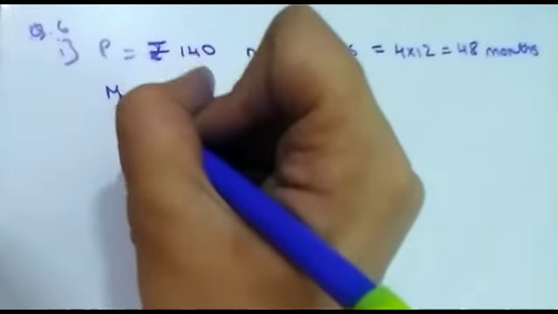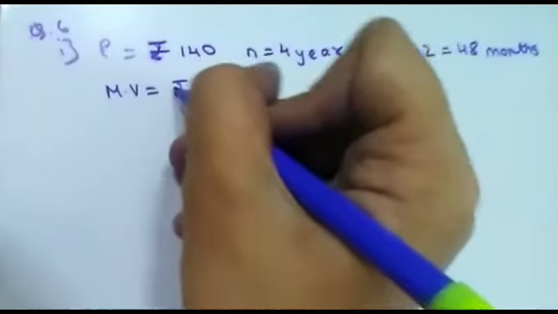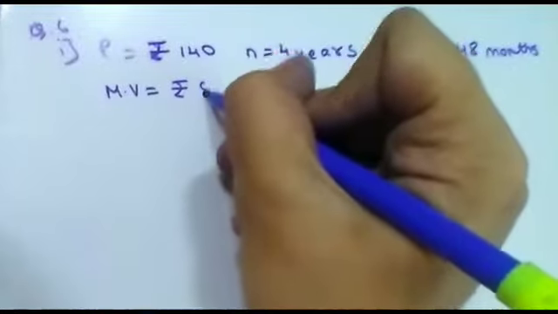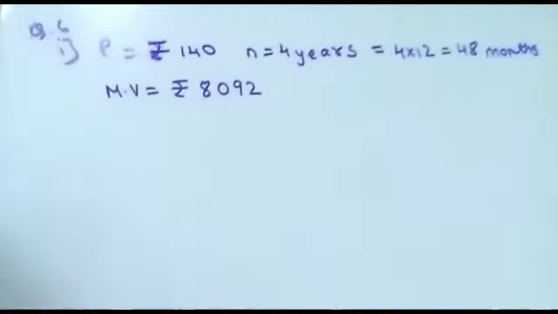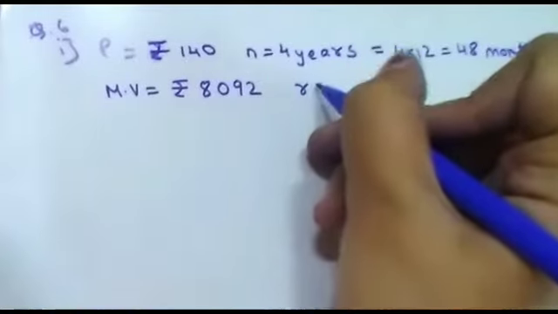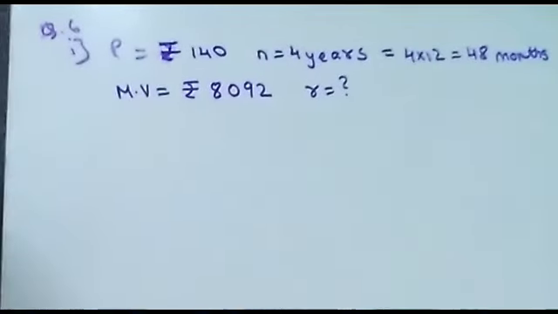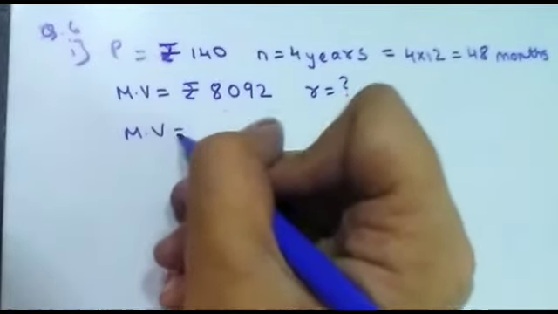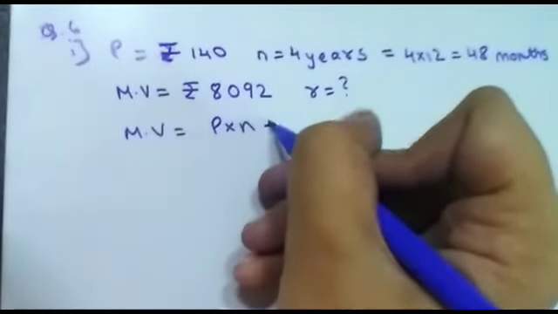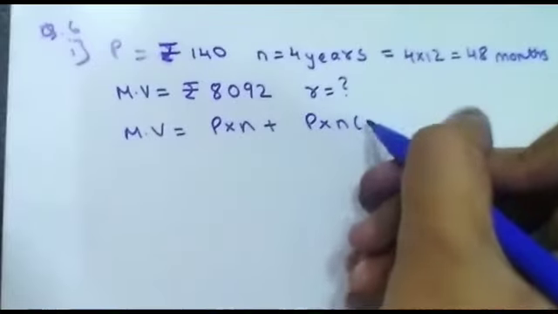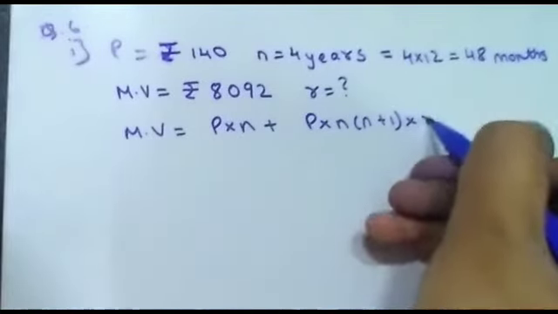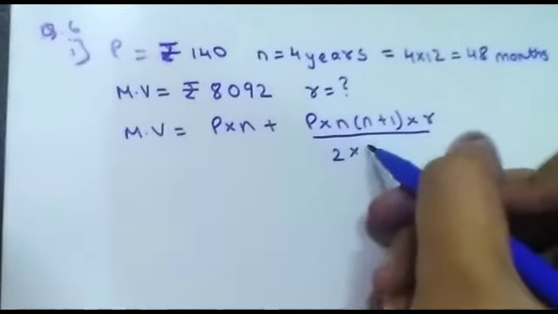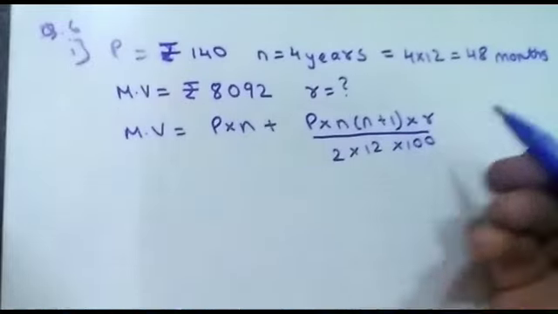So the maturity value is equal to rupees 8092. So we have to find the rate of interest. Rate of interest is question mark. So let's apply the formula for maturity value. Therefore maturity value equals P into N plus P into N plus 1 into R divided by 2 into 12 into 100.